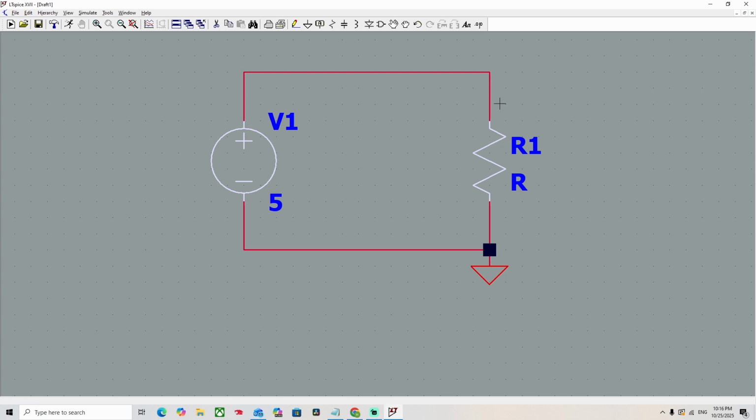Let's say you're learning from scratch, right? You don't know which way the current is supposed to go, even though most people just assume this way. But let's say that you didn't know if it went this way or this way.